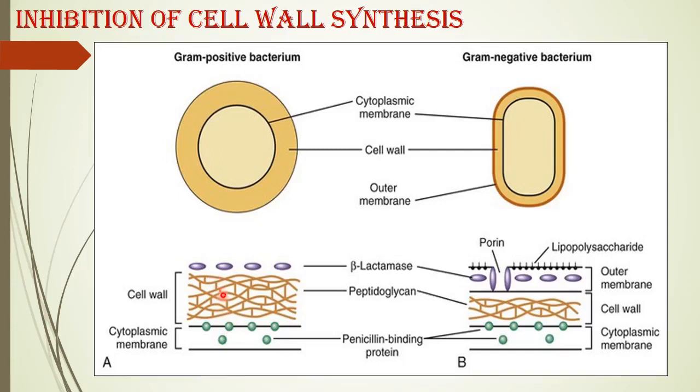After binding, it will inhibit the transpeptidase reactions. Okay? So if the transpeptidase reactions are inhibited, there is no cross linkage. Now whatever cell wall is produced will be loose enough that it cannot resist the osmotic pressure. Finally what will happen? The outer fluid will enter the inner part. The cell will swell and the cell will break down.